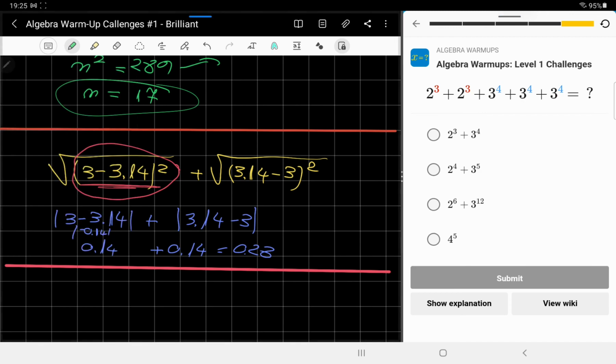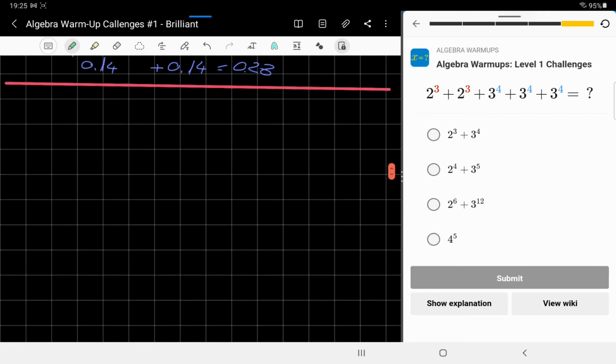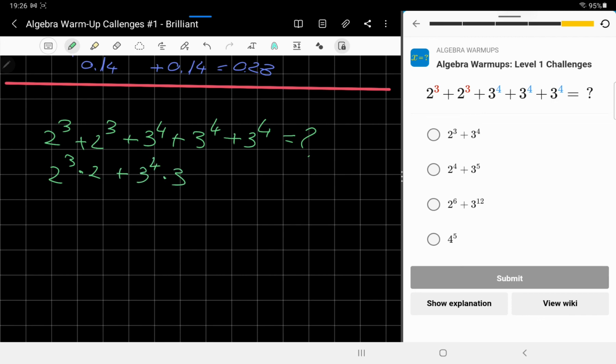I think this is the last one. So 2 to the power of 3 plus 2 to the power of 3 plus 3 to the power of 4 plus 3 to the power of 4 plus 3 to the power of 4 equals what? So we have 2 to the power of 3 times 2 plus 3 to the power of 4 times 3.